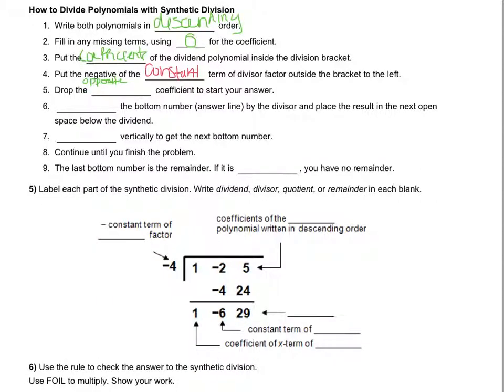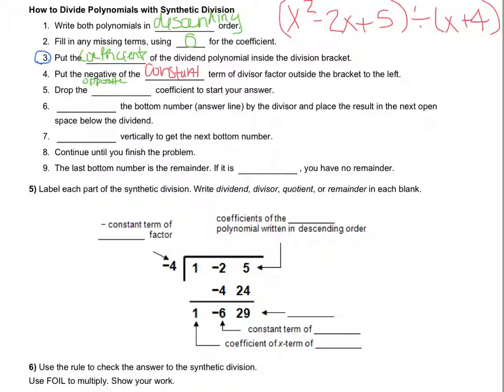So kind of putting all of this into words. What they have given us here is this example at the bottom, the polynomial x squared minus 2x plus 5 divided by x plus 4. So this third step said to put the coefficients of the dividend polynomial inside the bracket.